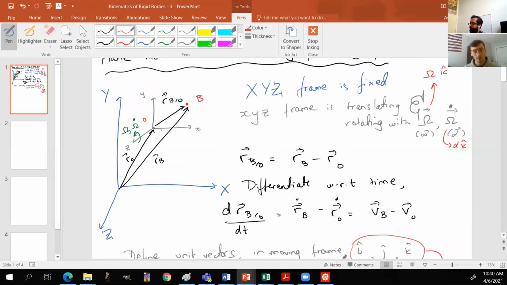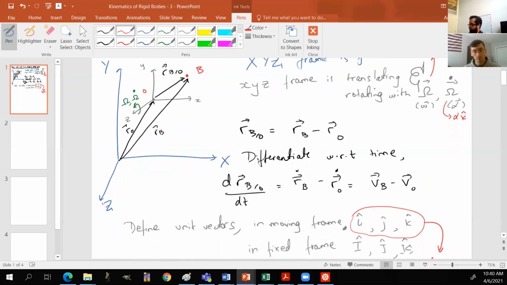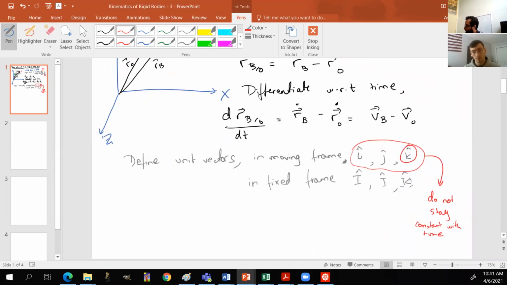Is it because acceleration isn't constant? Simply because of this rotation. The k hat position is never going to change, so that one is constant, but i hat and j hat are rotating.